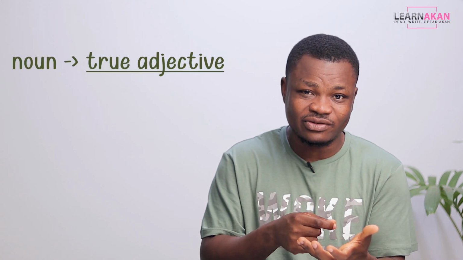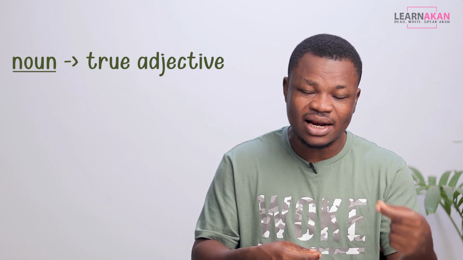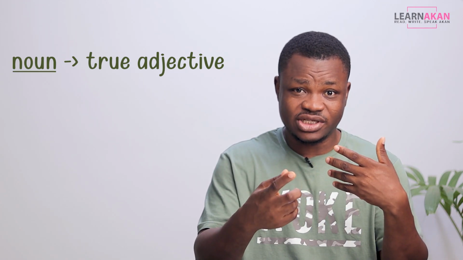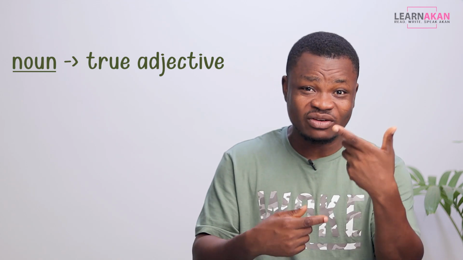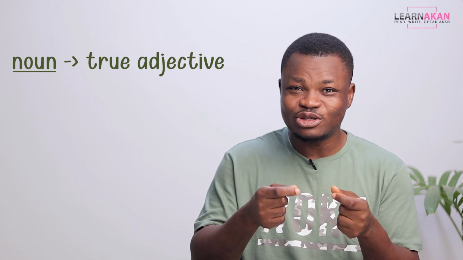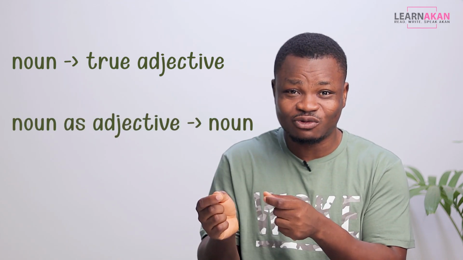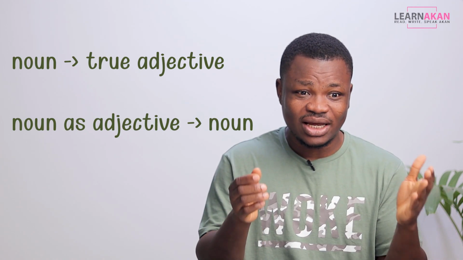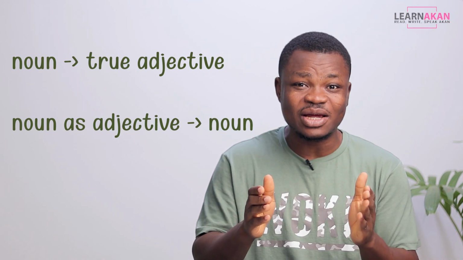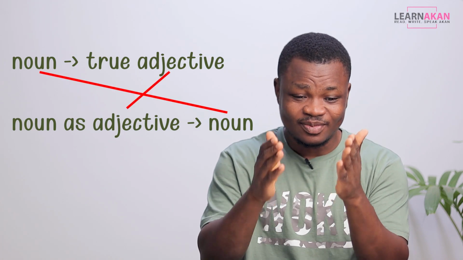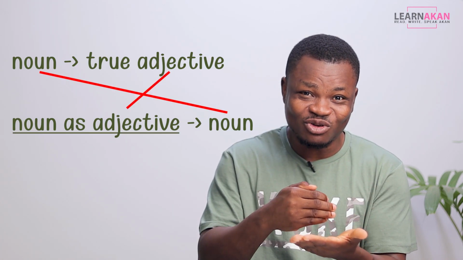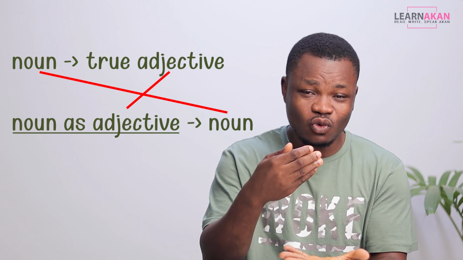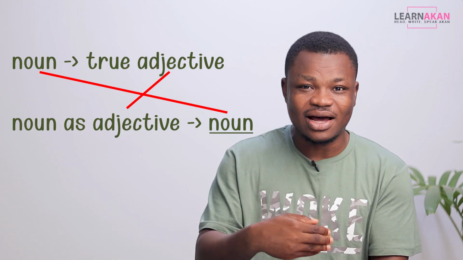Whereas true Twi adjectives come after the nouns that they modify, which is directly the opposite of what you have in English, if you're going to be using a noun to perform the function of an adjective, then the order stays the same as you have in English. The noun that is performing the function of the adjective will come before the noun that it is going to modify. Let me give you an example.